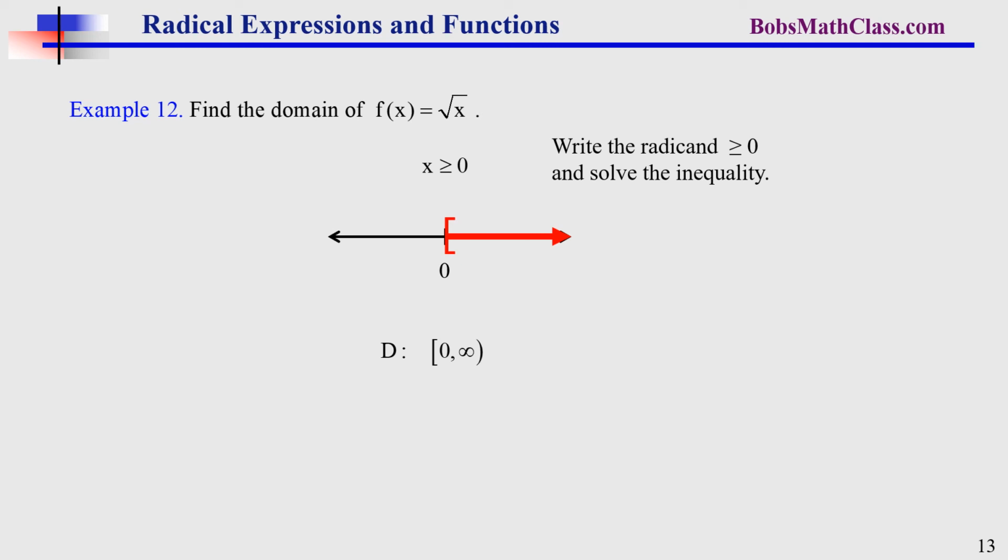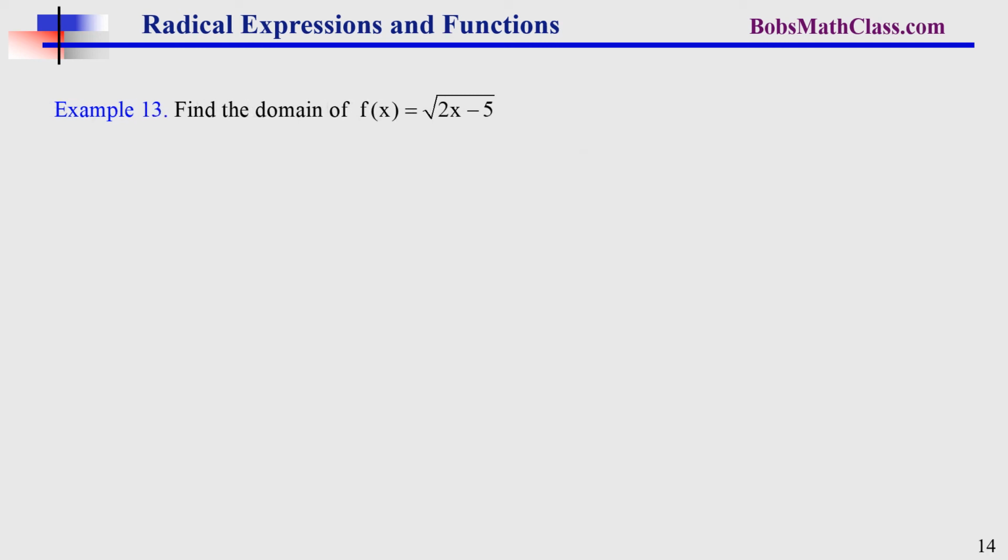Okay, let's go on to the next one. Find the domain of f of x equals the square root of 2x minus 5. So again, write the radicand greater than or equal to 0 and solve the inequality. So the radicand is 2x minus 5. So write 2x minus 5 greater than or equal to 0.